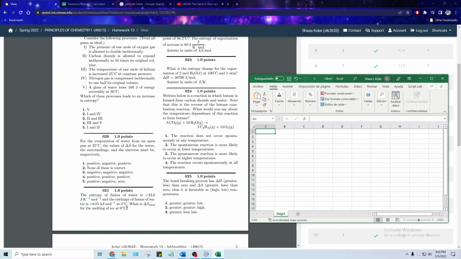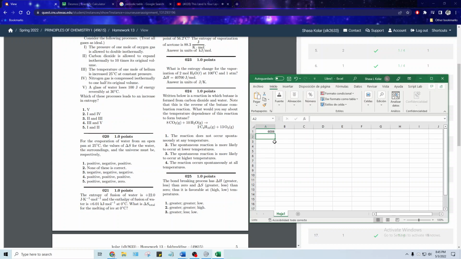But you can also calculate it: 22 joules per Kelvin, and you multiply that by 273, and guess what you get? You get 6,000 joules, which is just about 6 kilojoules.